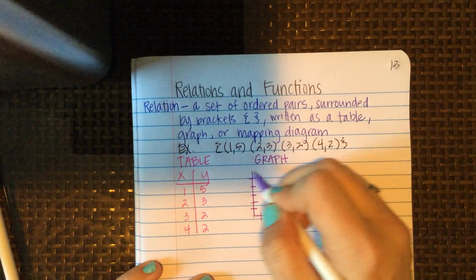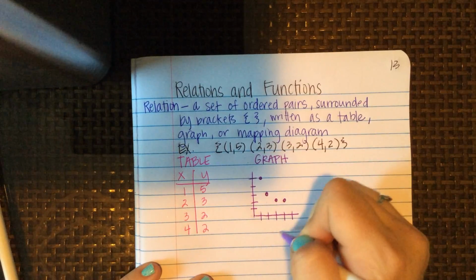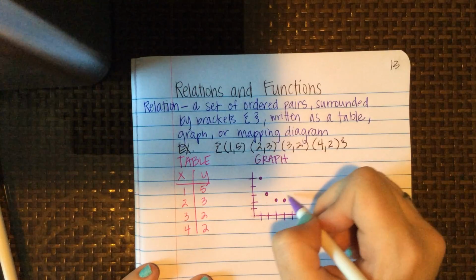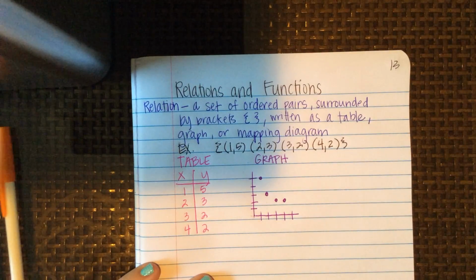From yesterday, what we learned, this picture right here is what's called a discrete graph, right? It's made up of dots, discrete dots.